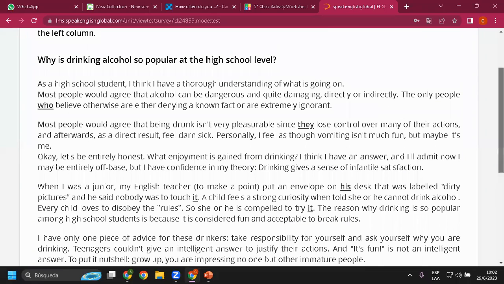For example: as a high school student, I think I have a thorough understanding of what is going on. Most people would agree that alcohol can be dangerous and quite damaging directly or indirectly. The people who believe otherwise are either denying a non-fact or are extremely ignorant.